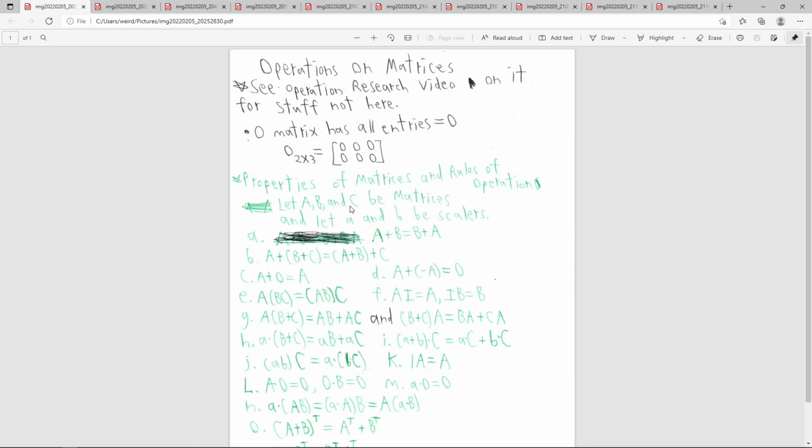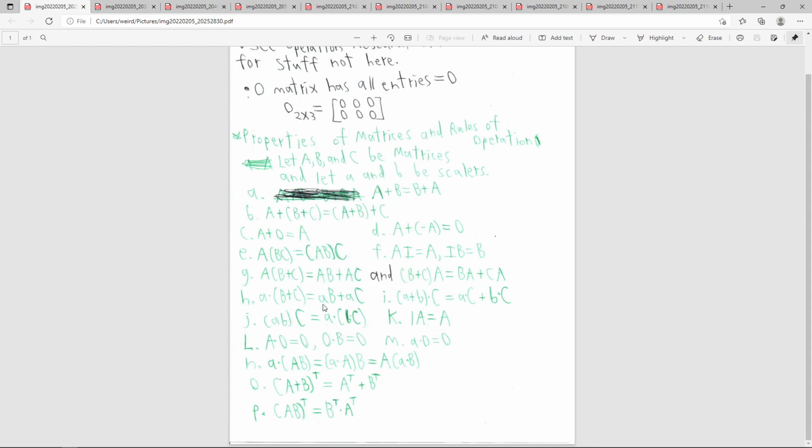Properties: let A, B, and C be matrices, and let a and b be scalars. Property 1, we have so many letters that we almost run out of the alphabet, it seems. But no. If you add matrices, you can do them in any order. A plus 0 would be equal to A. The negative of a matrix A plus A will basically be 0.